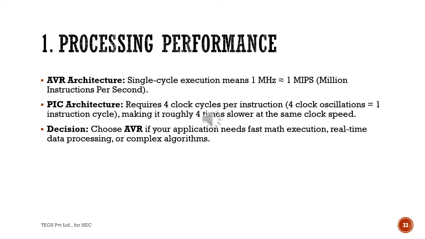PIC architecture requires 4 clock cycles per instruction. 4 clock oscillations is equal to 1 instruction cycle, making it roughly 4 times slower at the same clock speed. Decision: choose AVR if your application needs fast mathematical execution, real-time data processing or complex algorithms.